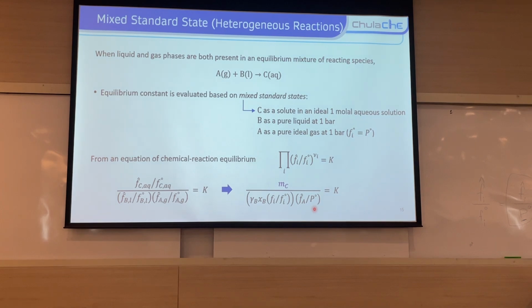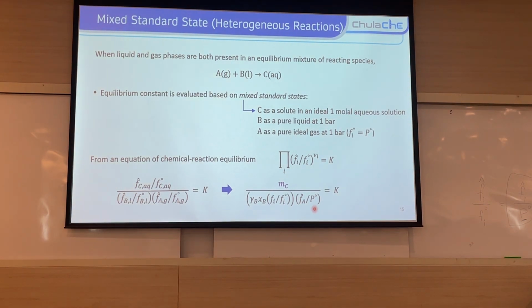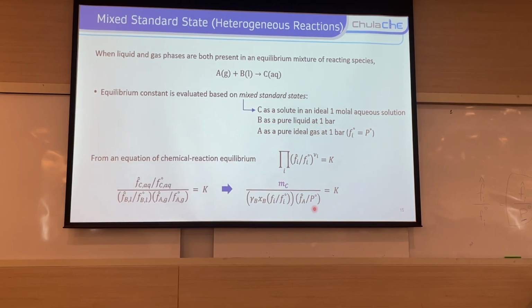Then you just use the criterion of phase equilibrium to change the fugacity of one phase into that of another phase for that species. That way it will be less complicated and easier to understand. But I just want to show you that you can do it another way as well.